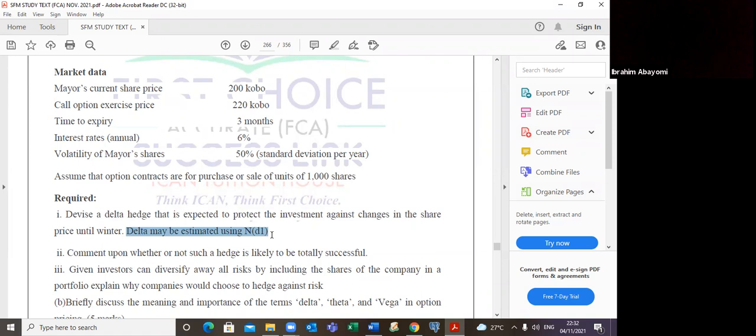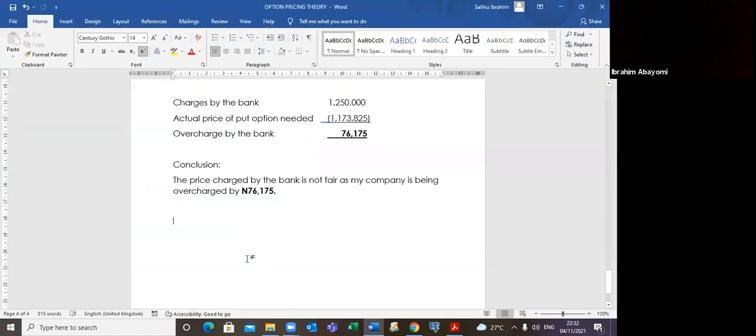So this is what I'm going to do. Example 2. Delta neutral hedge.